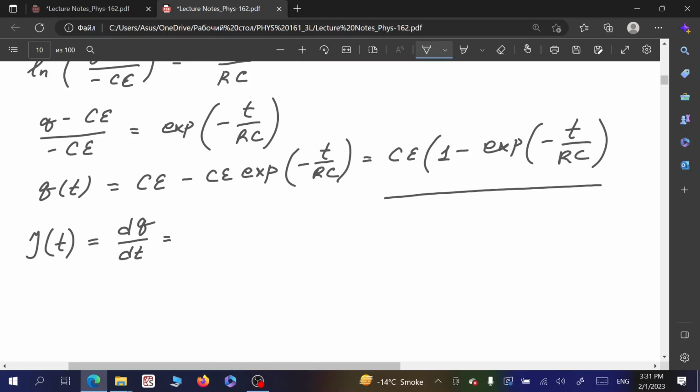So here we will get first this c times epsilon, and this unity will give us 0. Then we will have minus c epsilon times exponent minus t over rc and times minus 1 over rc.